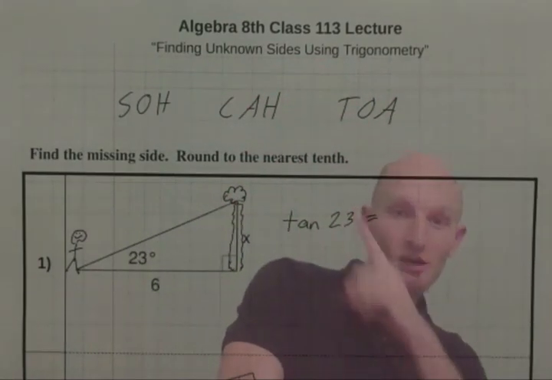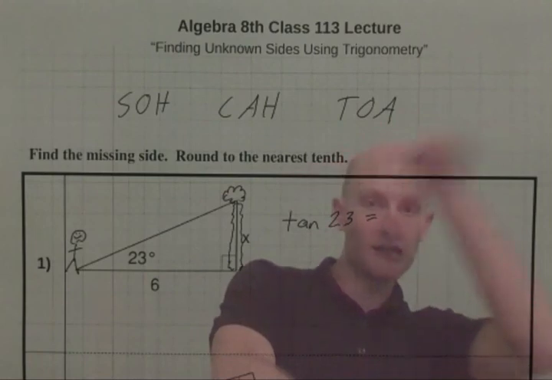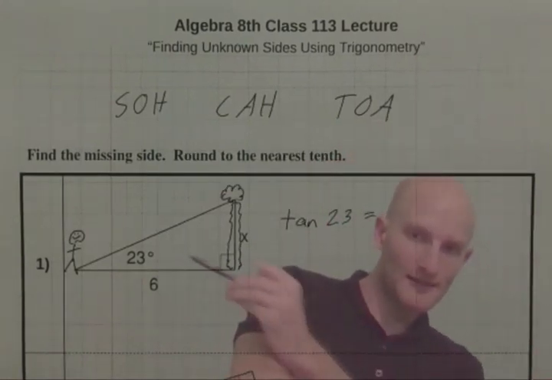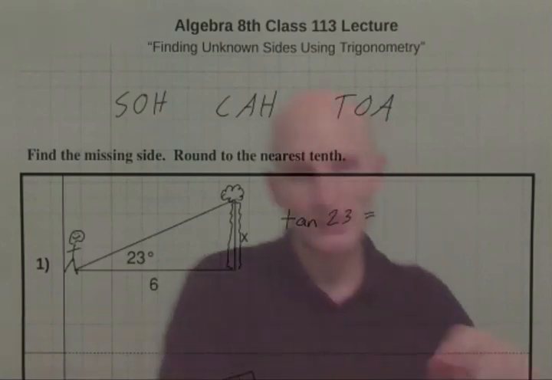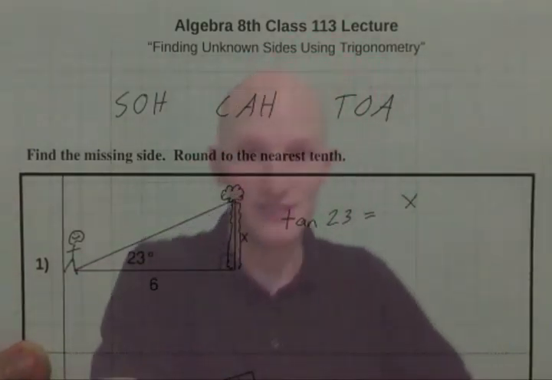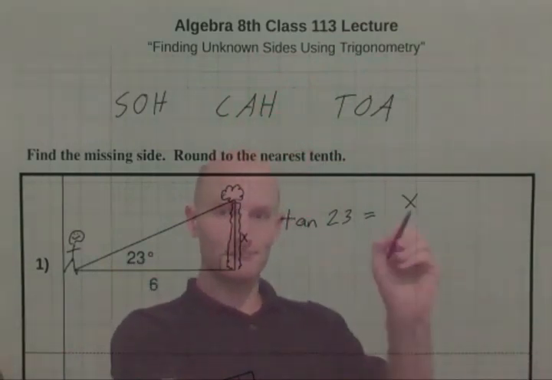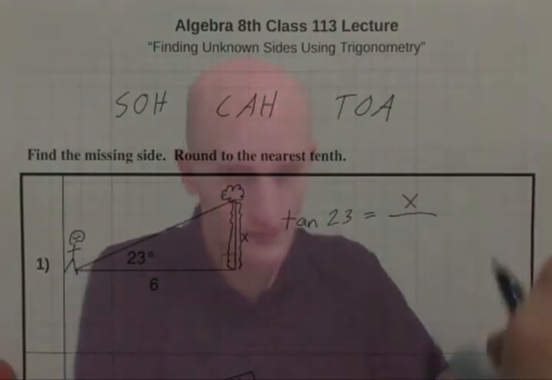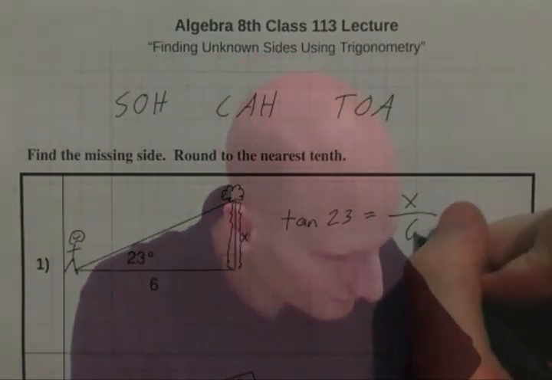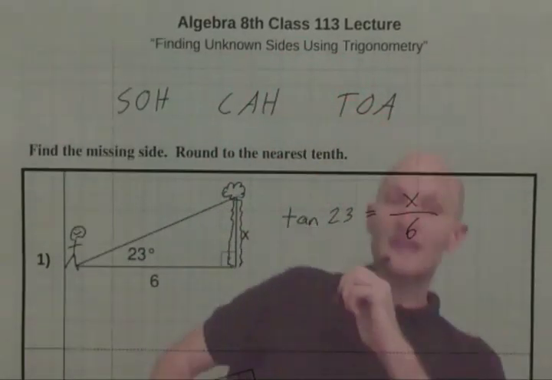Because you know that TOA is tangent equals opposite over adjacent. So what is the opposite? We just said x, right? We're going to go x, we know is opposite, over adjacent is 6, right? Now, how do we find x?